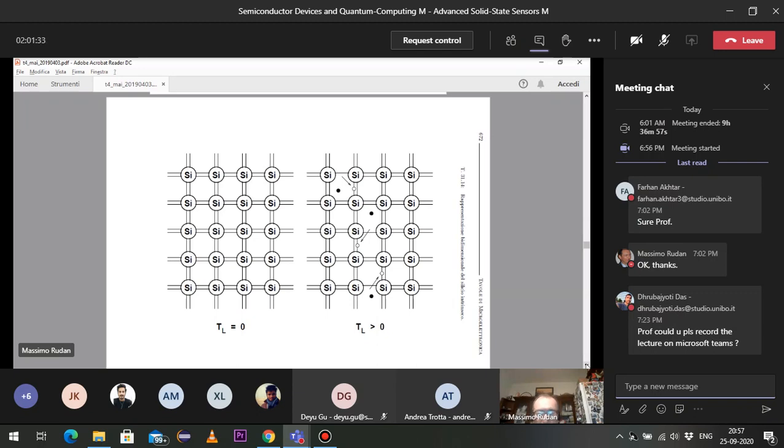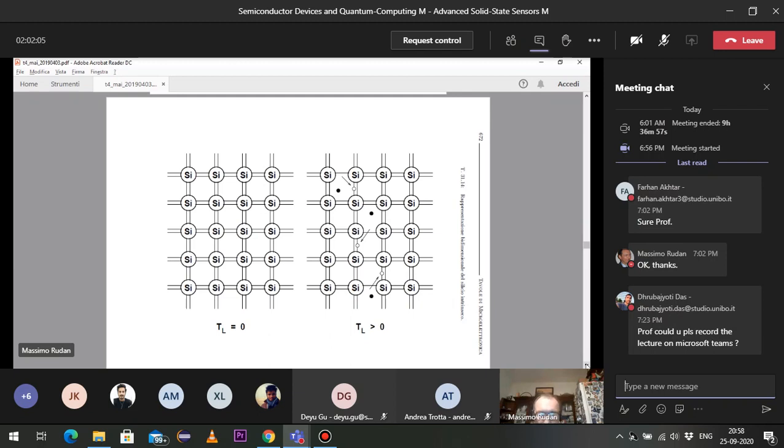The point is that we have another family of particles that are able to move inside the crystal, and they are the holes. Again, in the condition of equilibrium, the movement of the holes will be random, so they will compensate each other and there will be no net current flowing through the material.